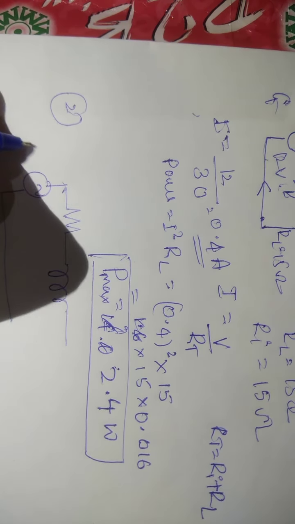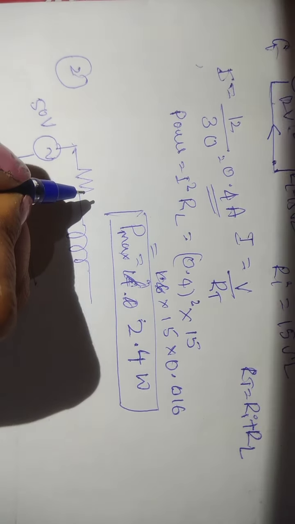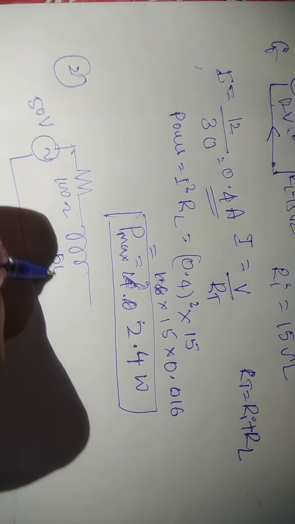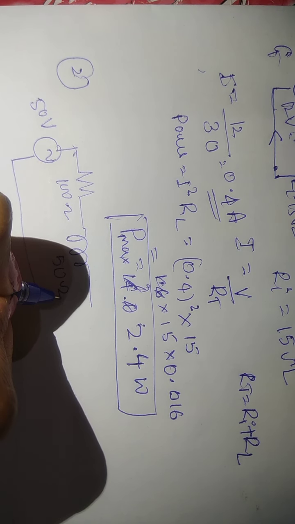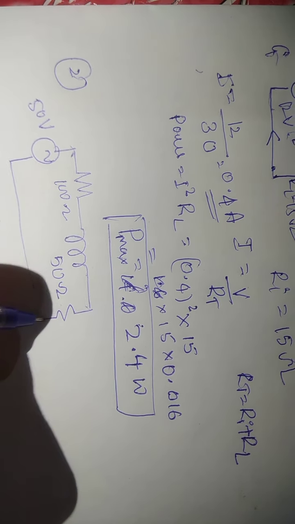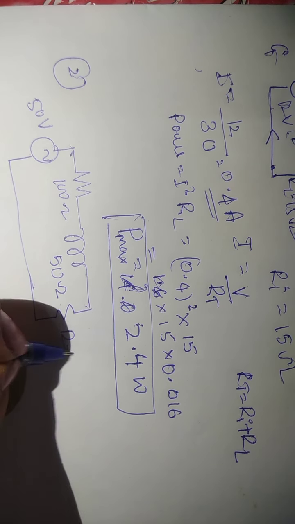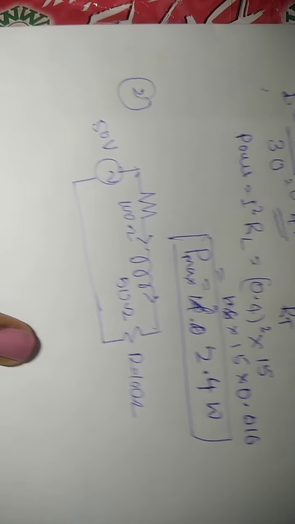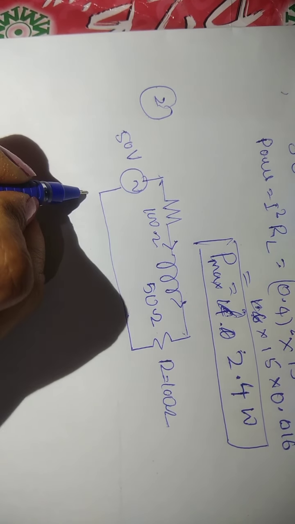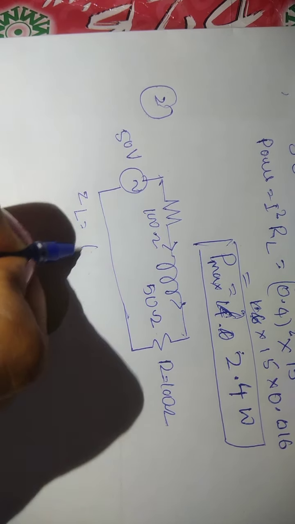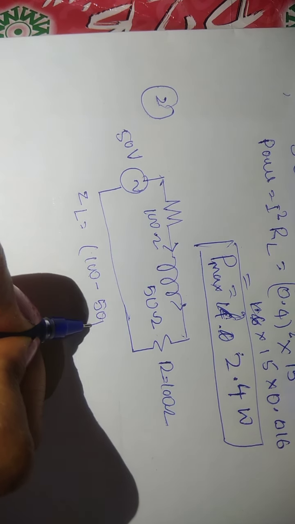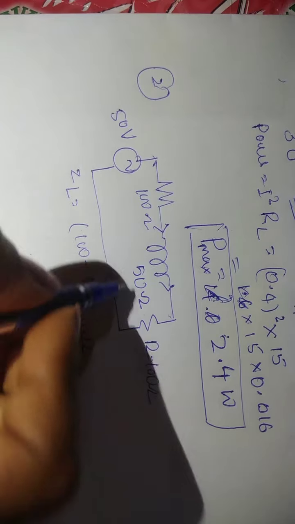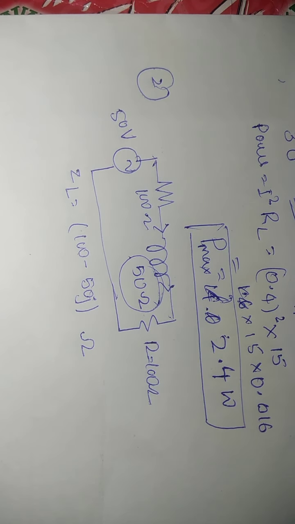It is an AC source, 50 volt, with 100 ohm and 50 ohm given. The load impedance ZL is 100 minus j50 ohm, where j50 means this is an inductance. The current moves in this direction. Now we find it for AC.